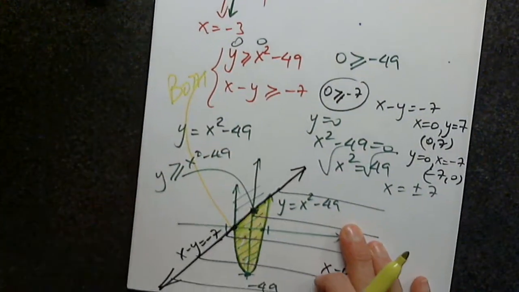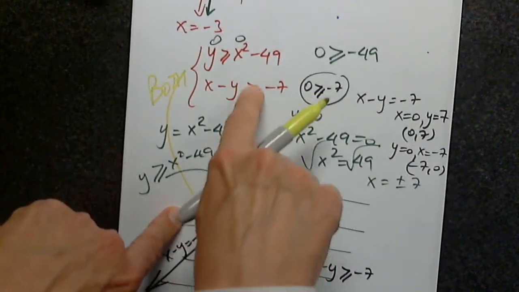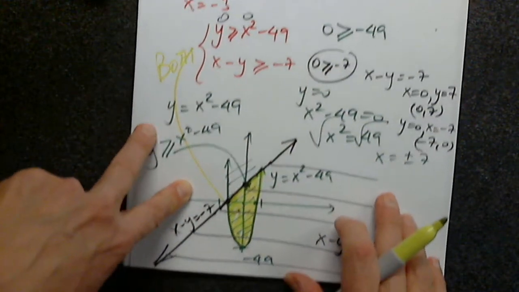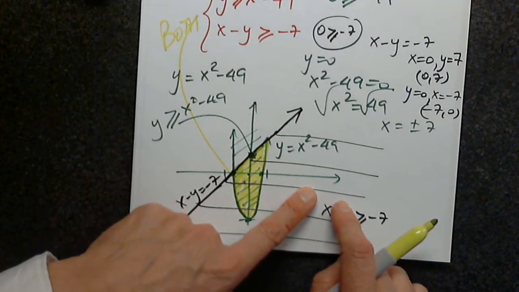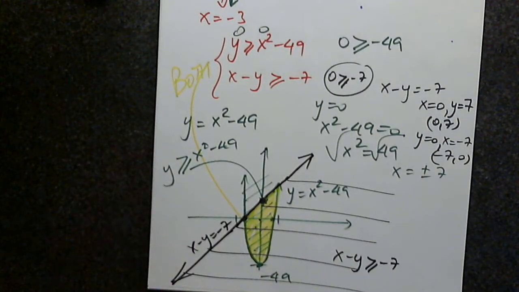If you pick anywhere else, you will either hit a point that does not verify either, or a point that verifies one or the other. But that's not the purpose of the system. The system is asking us to find the solution that works in both, that complies with both conditions. Solutions that comply with both conditions are in the yellow region, including points on the circumference or the perimeter.